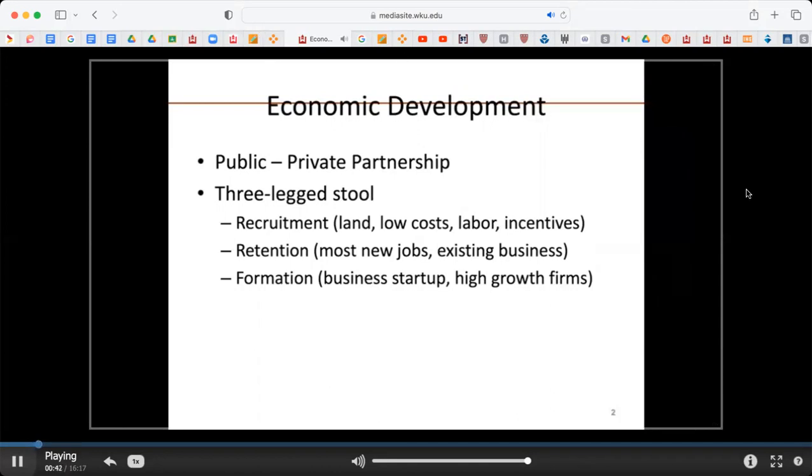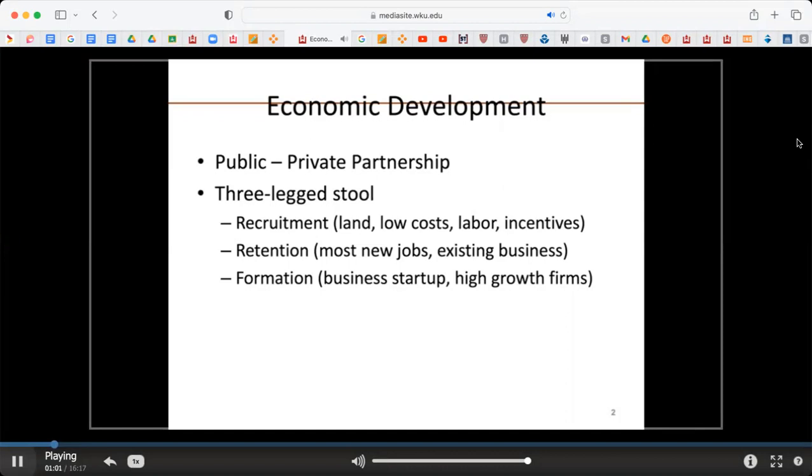In Bowling Green, there's the South Central Economic Development Organization that is a leg of the Bowling Green area, South Central Kentucky Chamber of Commerce. Chamber of Commerce is a private organization that's a business membership-driven organization.